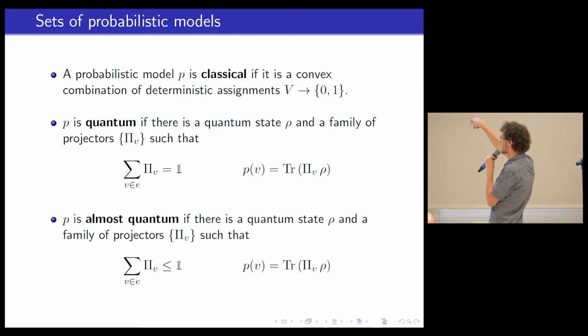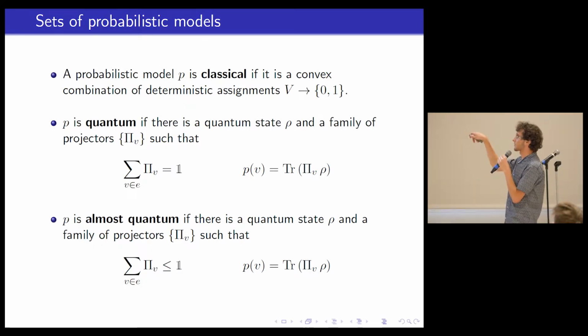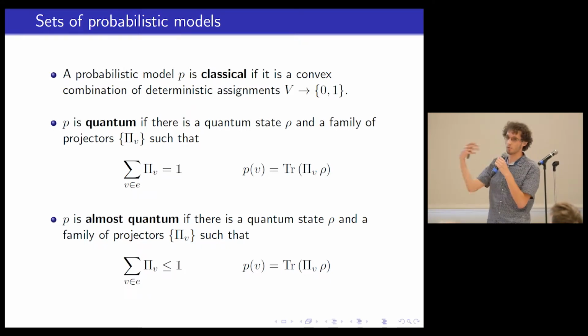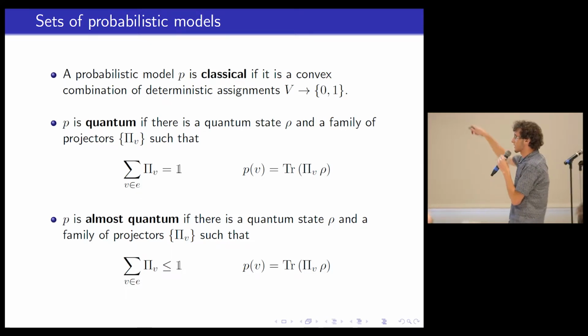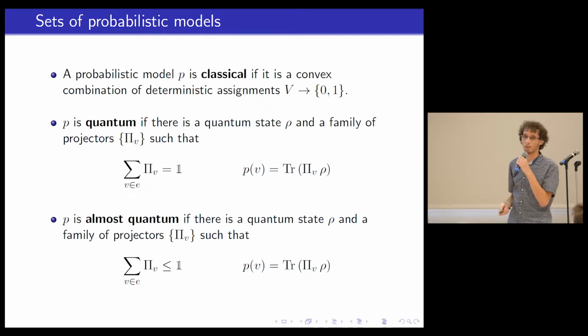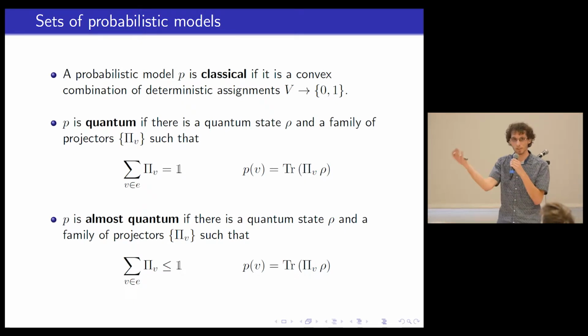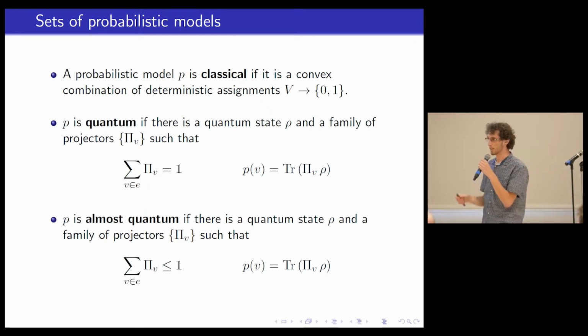And again, the Born rule just gives us the probabilities. So this is how we would define almost quantum. And you can see that any quantum probabilistic model is also almost quantum, but not necessarily vice versa. And in fact, it is true that there are almost quantum models which are not quantum for certain scenarios. Sometimes they coincide, but sometimes there is a gap.